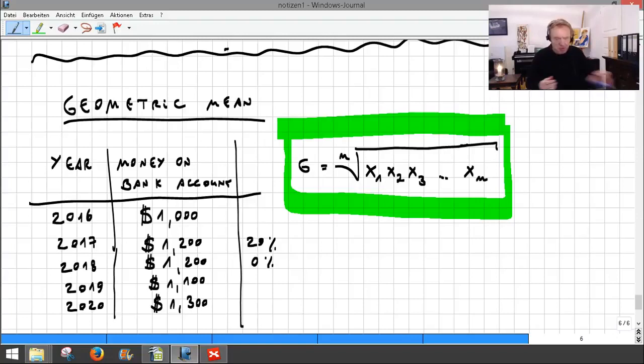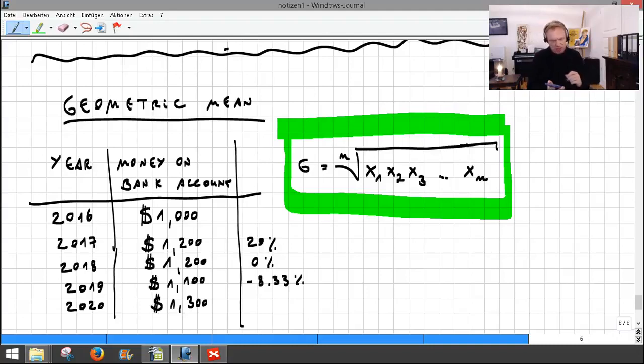From 2018 to 2019, there's a decrease, 11 divided by 12, a decrease of 8.3333 and so on percent.